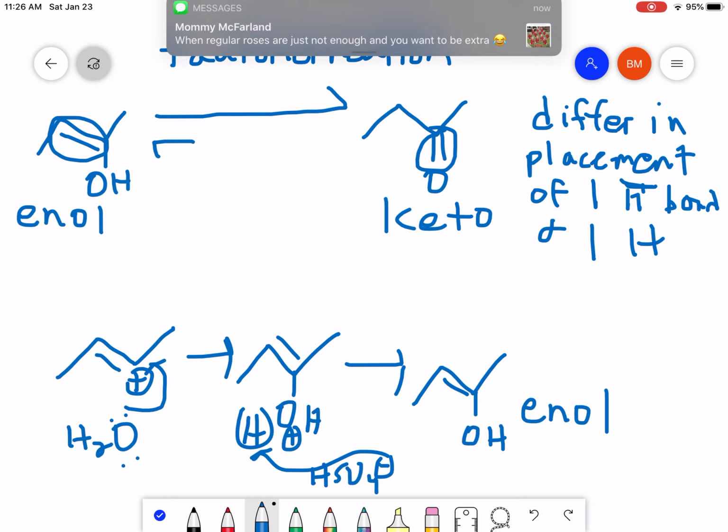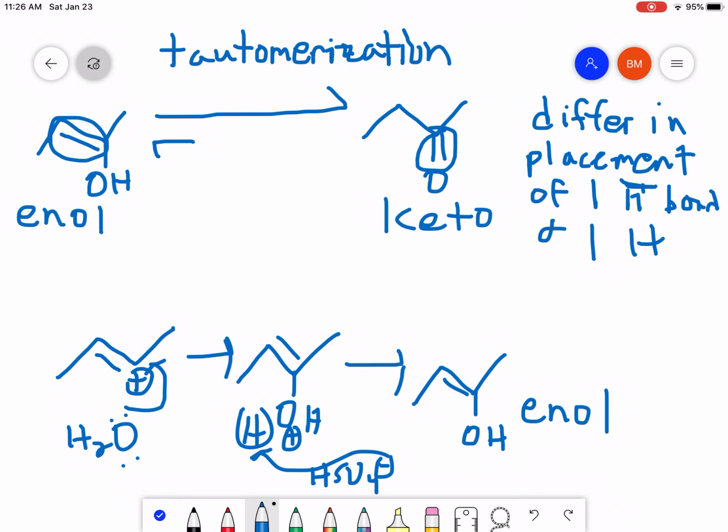In this structure, you have an H here on the oxygen, and you only have one H on this carbon. Over here, this oxygen doesn't have any H's, and this one has two. So it's effectively like you just picked up that H off the oxygen and put it onto this carbon. Okay?